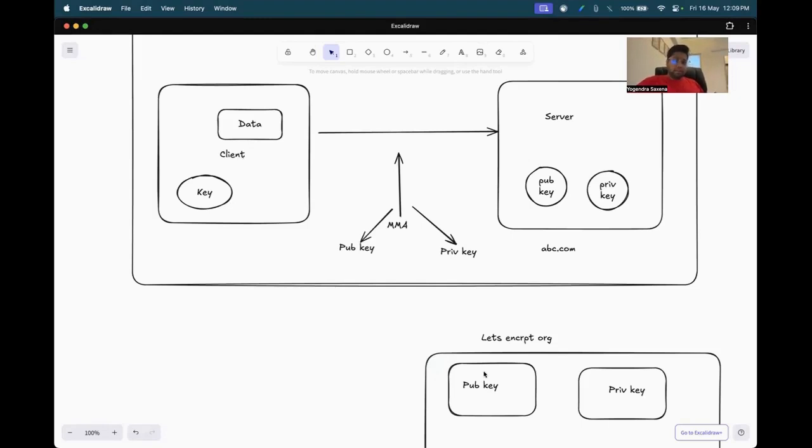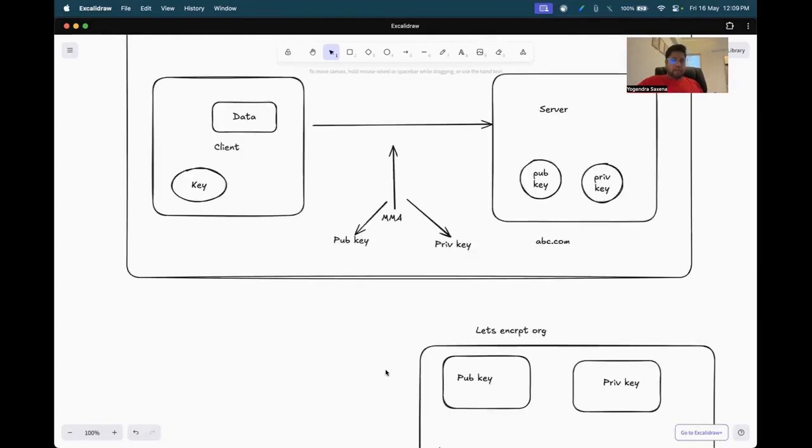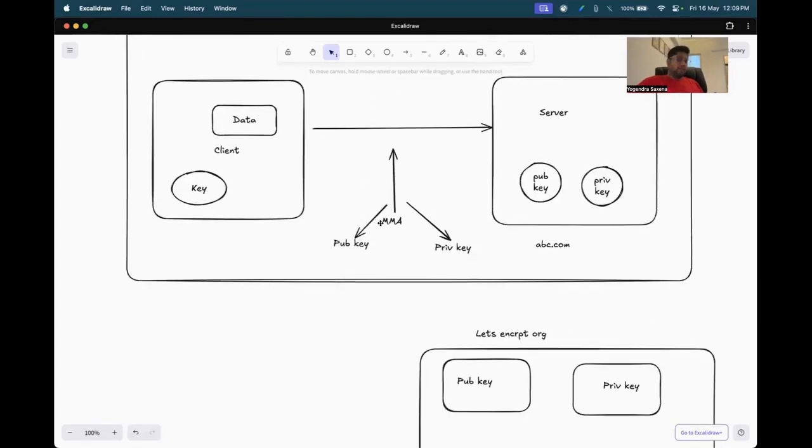Even the man in the middle can spoof the certificate. When the client sees the SSL certificate, it means the server is saying, hey, I'm sending the certificate, please verify it with the organization that signed it. So the server's job is to send the certificate and the client's job is to verify it.